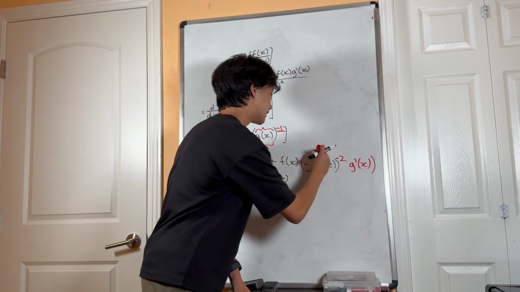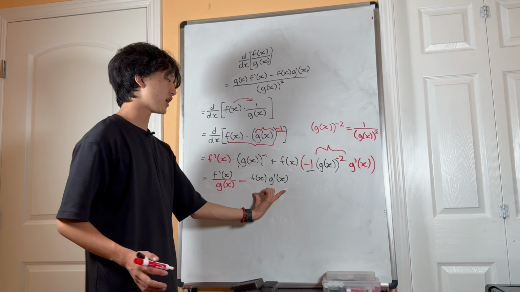Now, let's take a look at this g of x to the negative 2. Well, what does a negative power mean? It means you flip it into the denominator, so you get 1 over g of x, but it's still to the second power. So we can go ahead and plug that in right here.